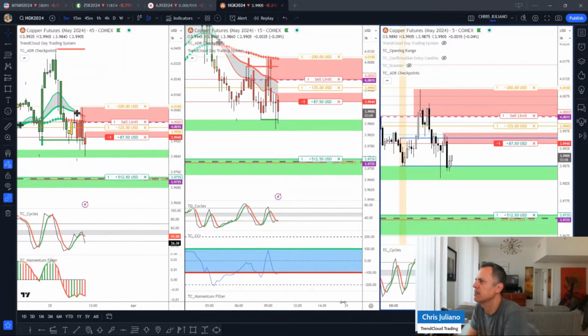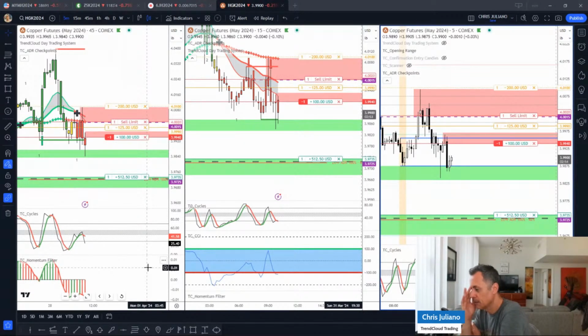We really need to break through that bullish candle here. When is it going to do that? We don't know.